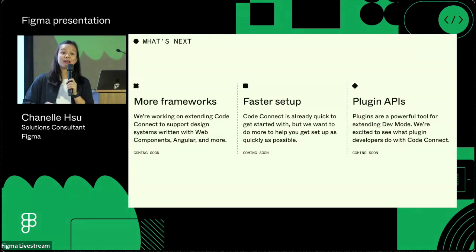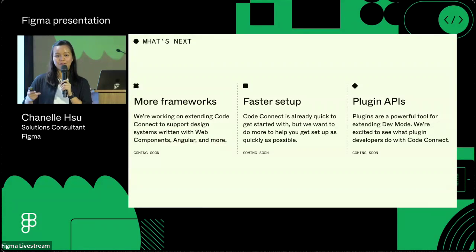So, what can we look forward to in the next few months? We are constantly trying to improve our product, and we are also looking to launch even more frameworks as we go along. So I would love to speak to some of you later on about the key frameworks that you might want us to look into, and also the features that you are looking to see in the coming months.